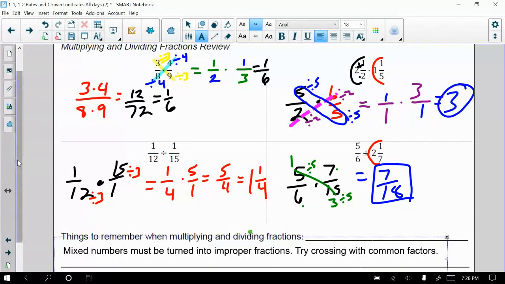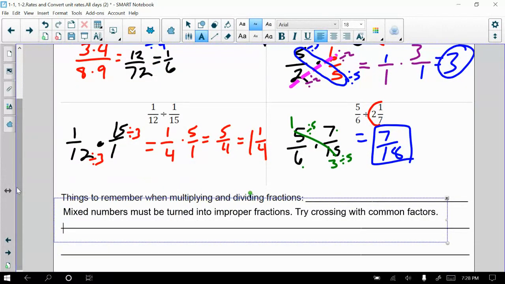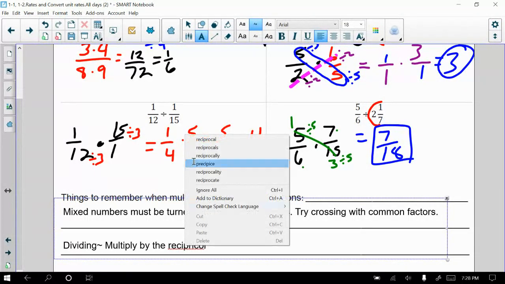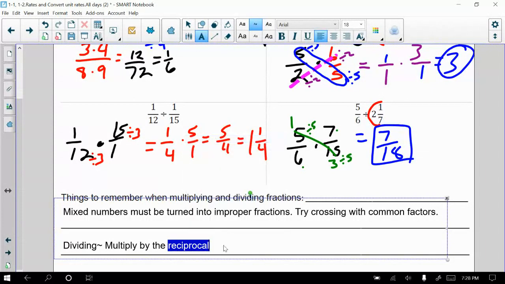And another thing to remember when we're dividing, you gotta multiply by the reciprocal. May have misspelled that. Let's check. Critical spell check. Yep. The reciprocal.